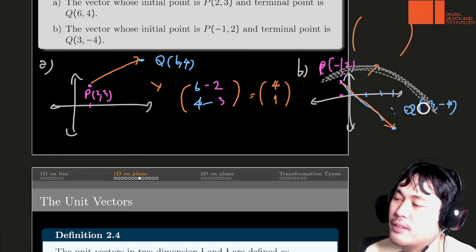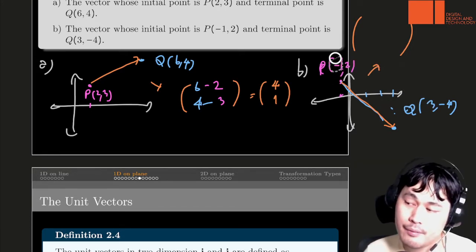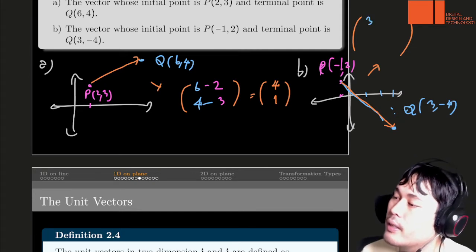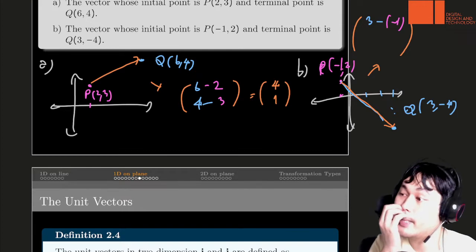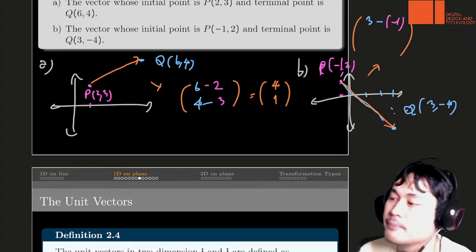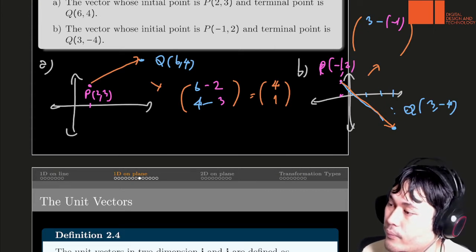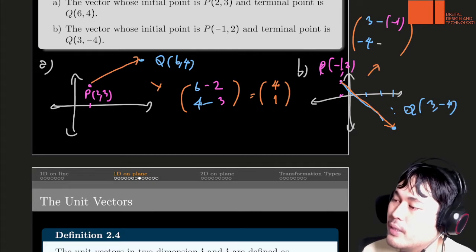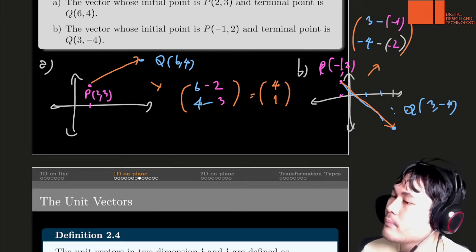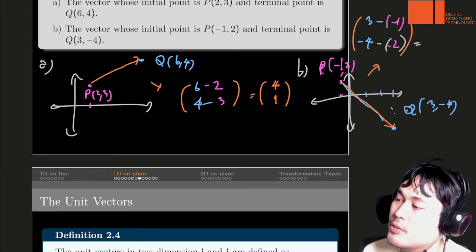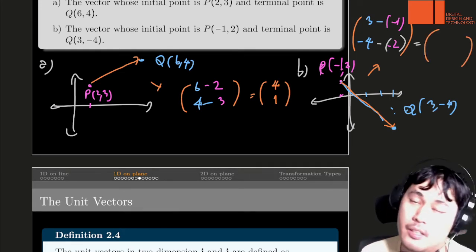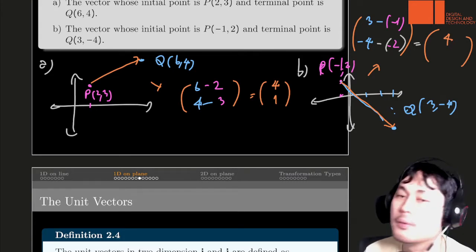So subtract the x coordinate. If you start at -1 and you go to 3, then the distance you need to walk is 3 minus -1. And likewise, if you start at 2 and you go to -4, then you have to walk -4 minus 2 steps up. If you do the math, the result should be 3 minus -1, so it's 3 plus 1, which is 4.